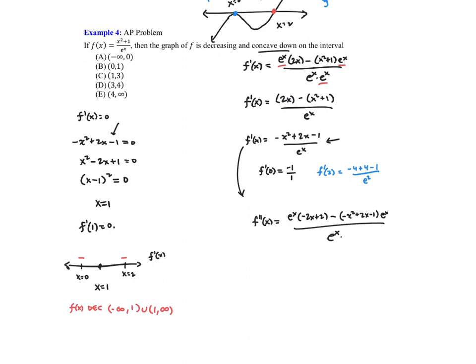Now I'm going to rewrite it in the exact same way I did earlier, and I'm going to reduce out one of those e to the x's. So our second derivative, let's compress that numerator. That'll be x squared, negative 2x minus 2x, which would be negative 4x, and that'll be 2 minus a negative 1, which will be plus 3.